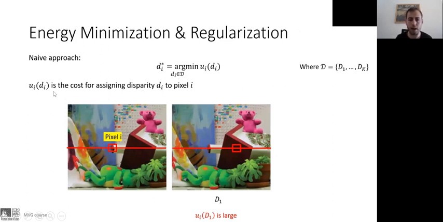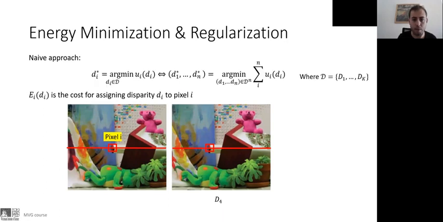U_i(d_i) is the cost for assigning disparity d_i to pixel i. For example, D1, D2, and D3 give a large cost, but D4 gives the lowest cost, so I'll choose disparity D4.